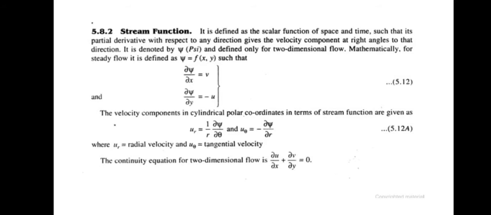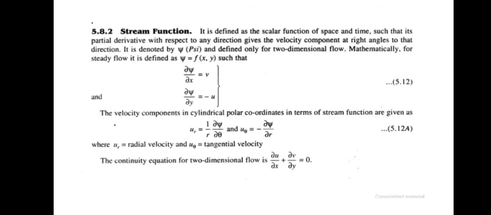Now the velocity components in the cylindrical polar coordinate system: ur, that means velocity in radial direction, is equal to 1/r ∂psi/∂theta, and u theta is equal to minus ∂psi/∂r, where ur is radial velocity and u theta is tangential velocity.